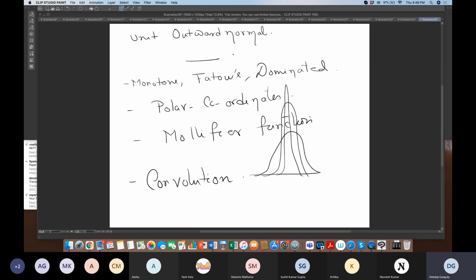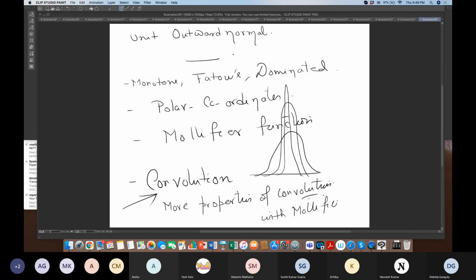I will ask the tutors to do this convolution again. More properties of convolution tomorrow, with the modifier and all those things, so that you are comfortable. Is that okay? Anything else you need to understand?